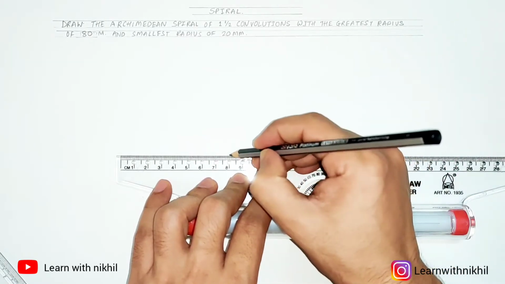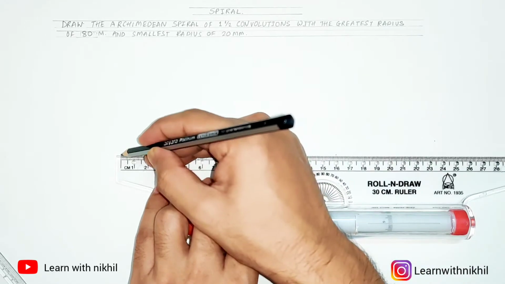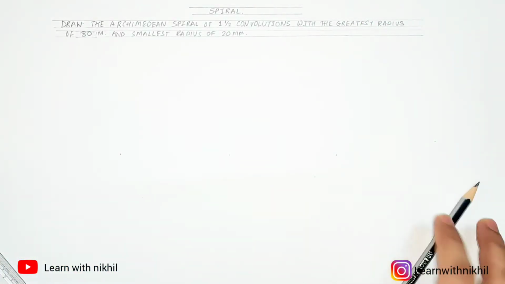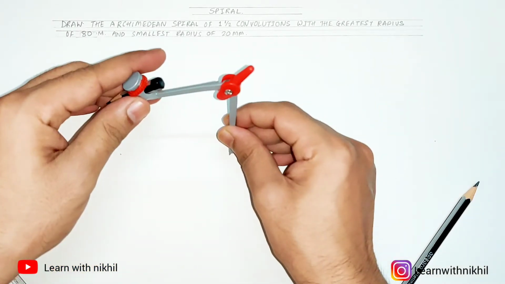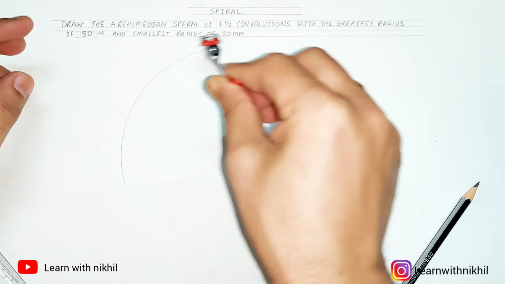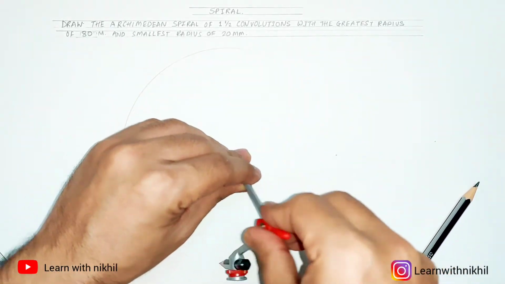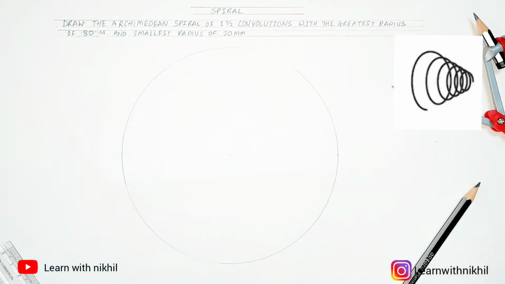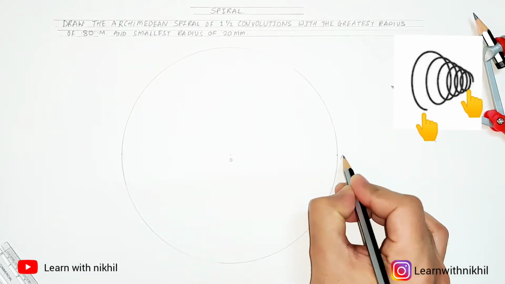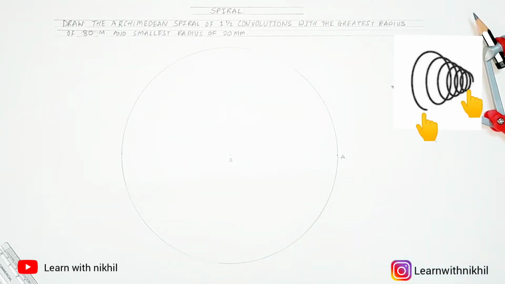So first we will mark a point and draw a circle with radius as 80 millimeters. So we have drawn a circle with radius as 80 millimeter. In this sum, as you can see in the image, it has a bigger circle and a smaller circle.